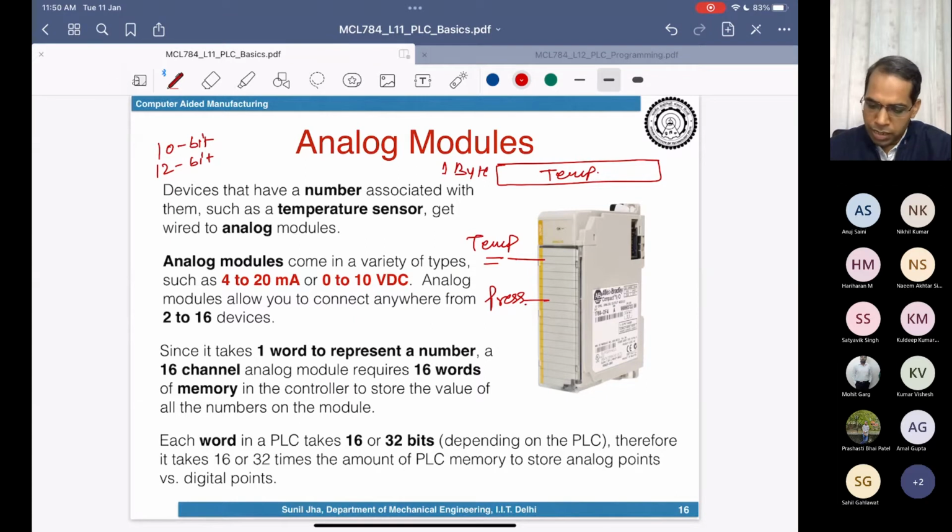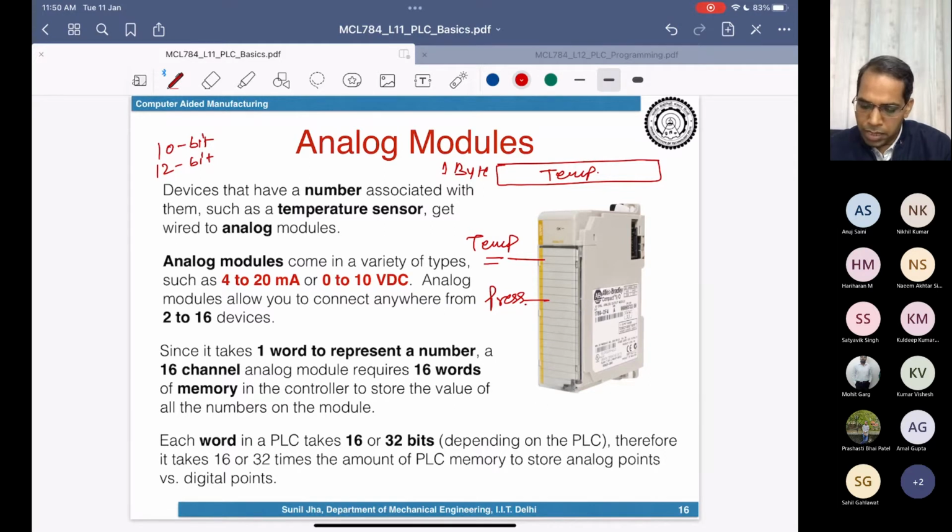So if it is 10-bit, then the rest of the bits may not be utilized. If it is a 16-bit register, 10 bits will be utilized to store the analog value, and the remaining bits may not be used in that case. But my registers or the locations inside the controller will be either 16-bit or 8-bit or 32-bit or 24-bit that way, right? So depending on the resolution of the ADC, your memory bits are utilized inside the analog module.